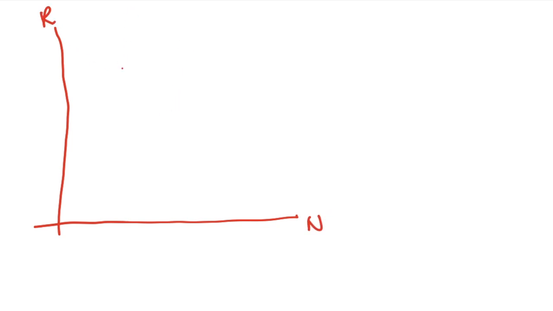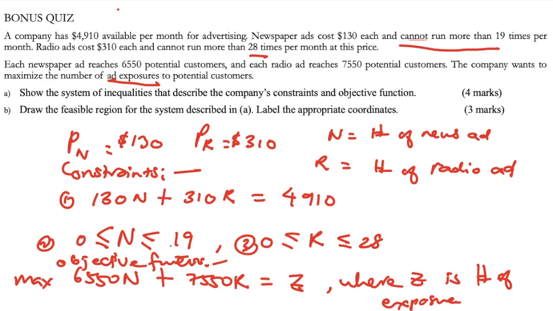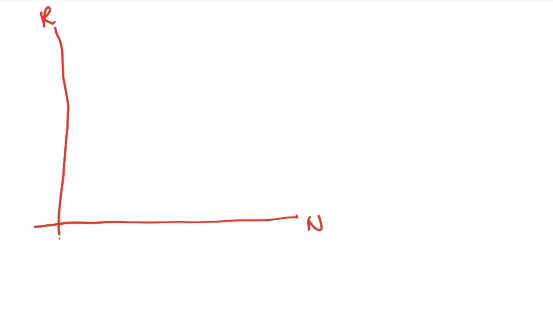We know the maximum for news is 19. 0 is here, let's say 19 is here. Less is okay, going to the left is okay, to the right cannot, so you draw a vertical line.